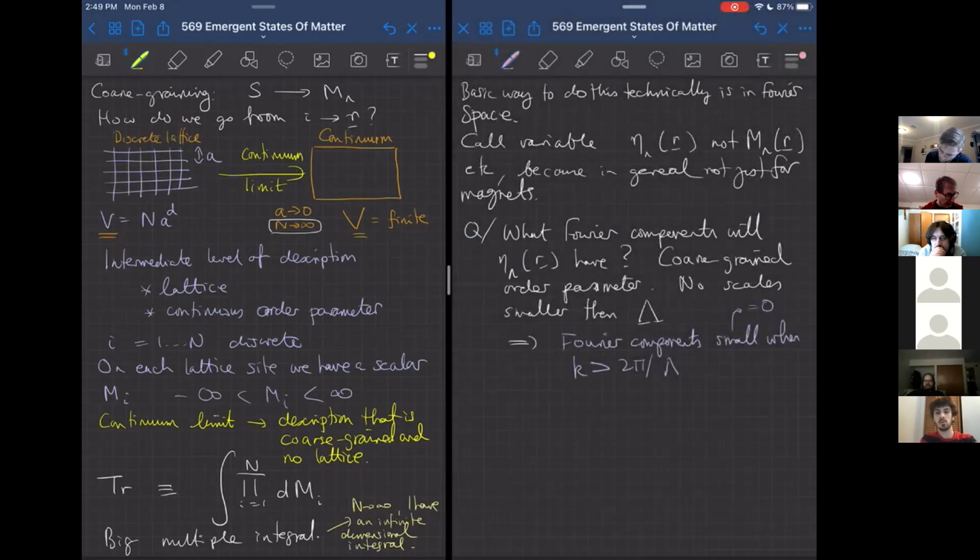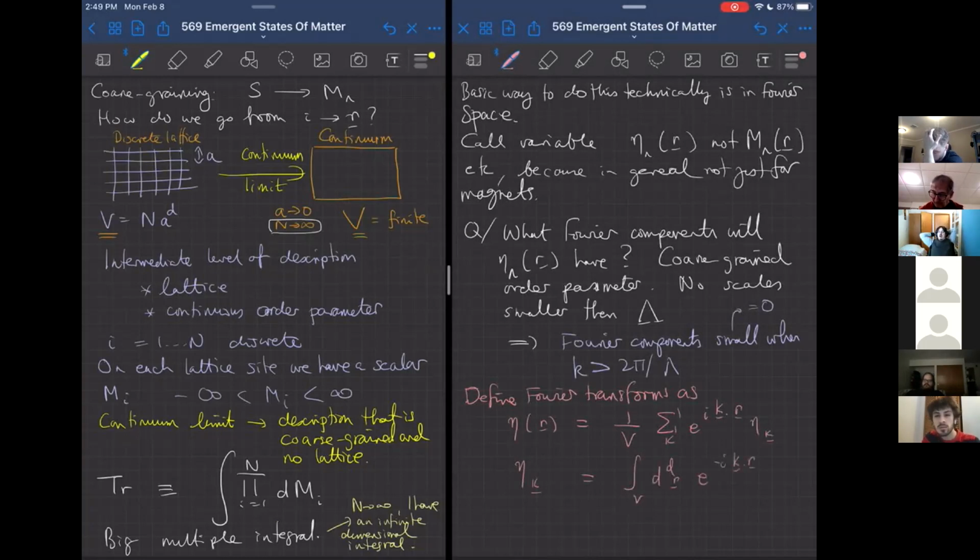So the Fourier transform is going to be defined like this. So that's how I'm going to define the Fourier transforms.